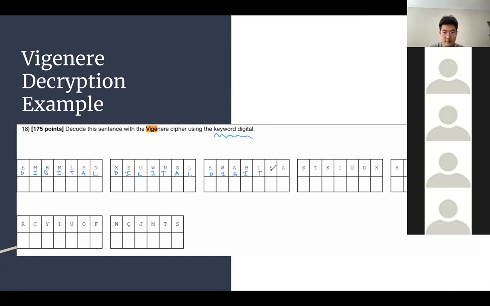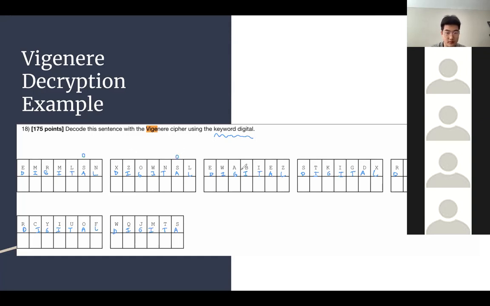While I'm doing this, if somebody wants to start calling out conversions in the chat, that would be great. For the ciphertext or the keyword, doesn't matter since we have to do both anyways. I'll start with A equals 0 since we have that a lot.